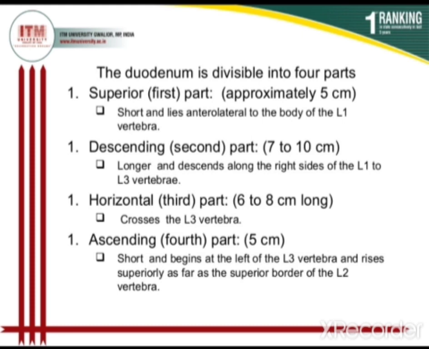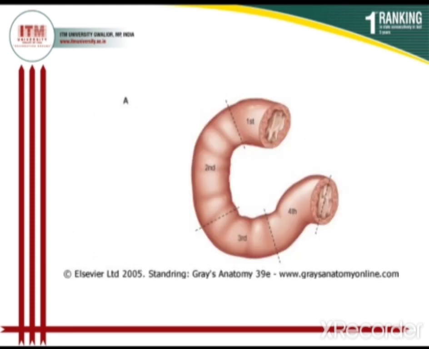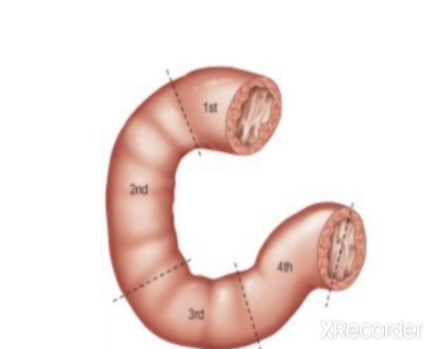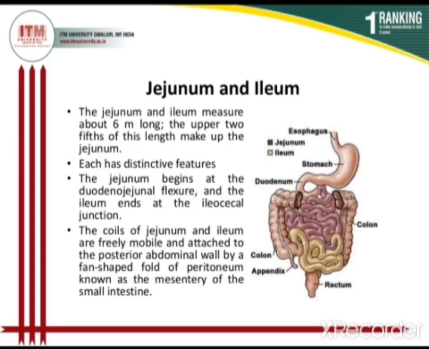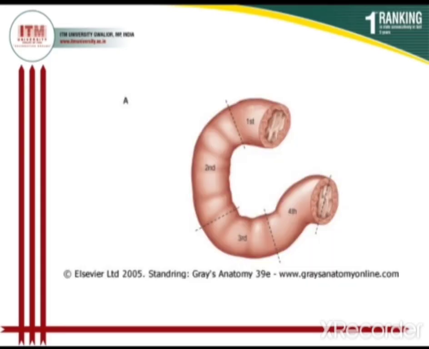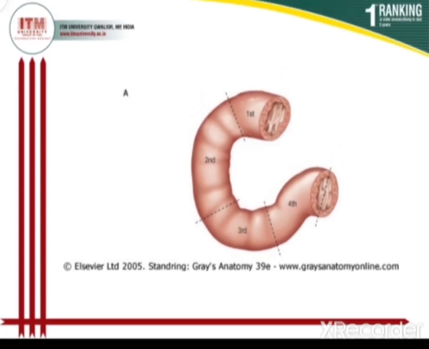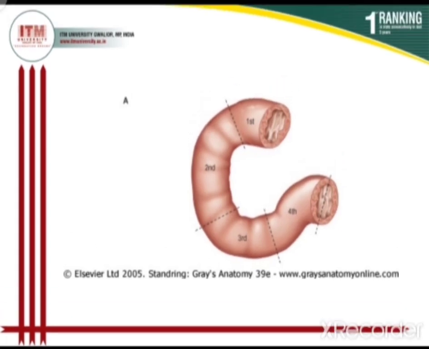So these are the four parts of the duodenum: the superior, descending, horizontal and ascending part. As you can see in the picture from Gray's Anatomy, this is the first part, 5 centimeters long.